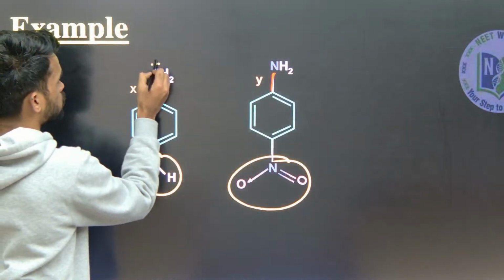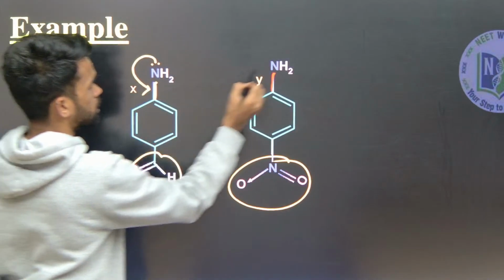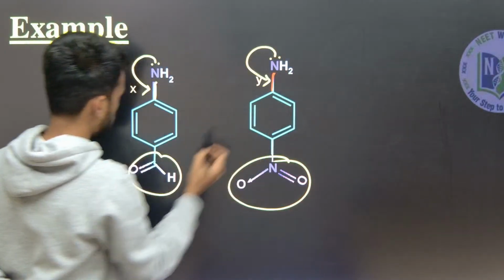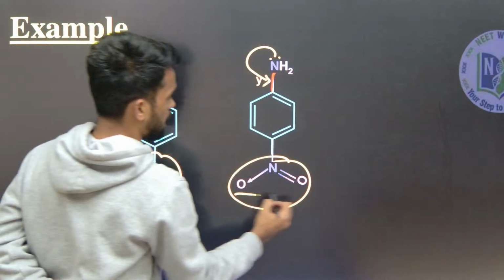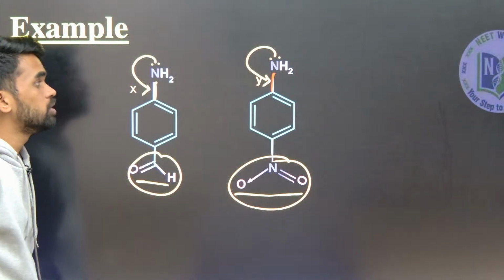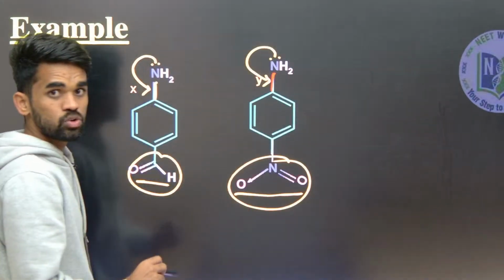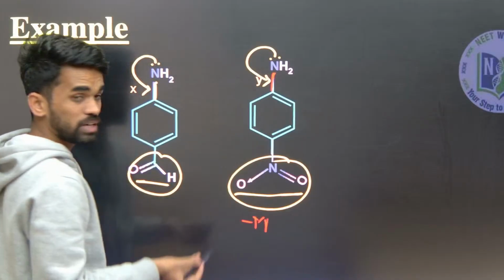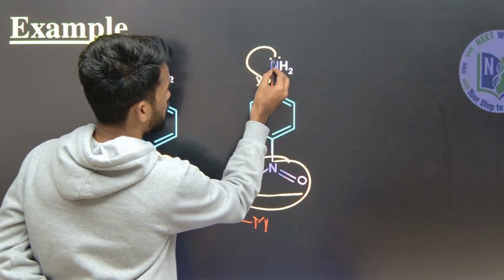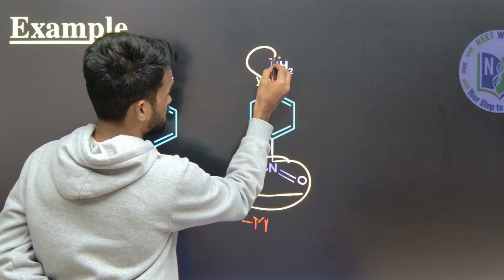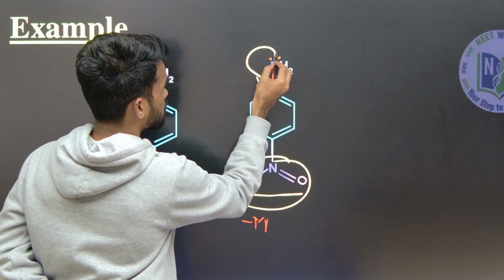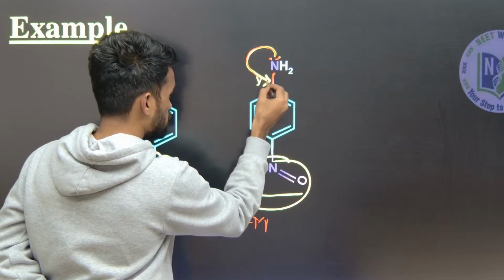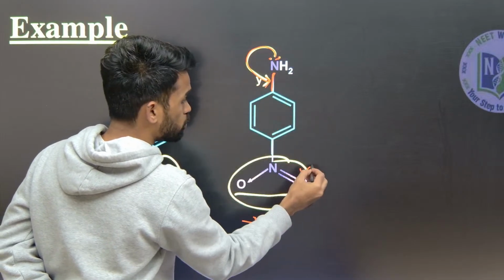The lone pair electrons of nitrogen are in conjugation here, and here also in conjugation, but this is an aldehydic group, this is a nitro group. What we know is that the nitro group is a stronger minus I, minus M group, which withdraws the electrons more effectively towards itself. So the nitrogen lone pair is in conjugation with the ring as well as this nitro group more effectively now.